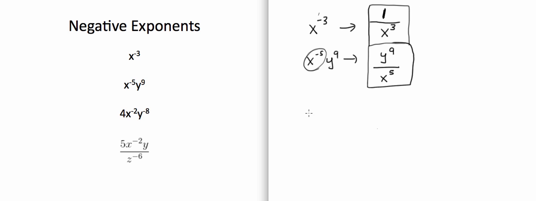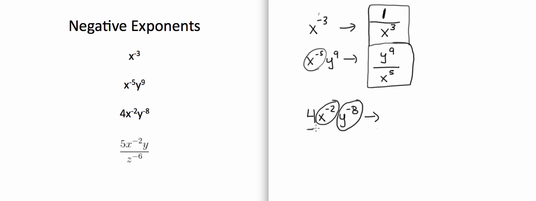Okay. Our next example here has 4x to the negative 2, y to the negative 8. And this is very similar to what we were talking about with 0 exponents. The negative 2 exponent is attached to the x. The negative 8 exponent is attached to the y.